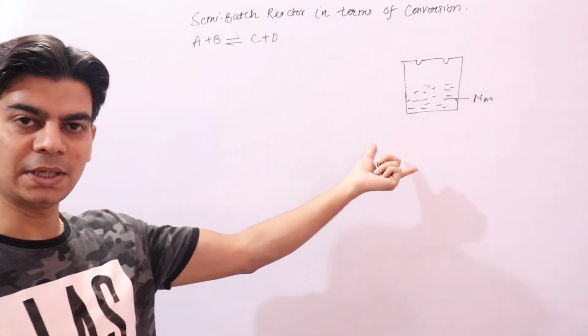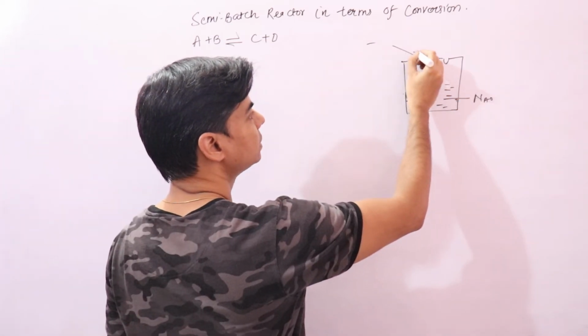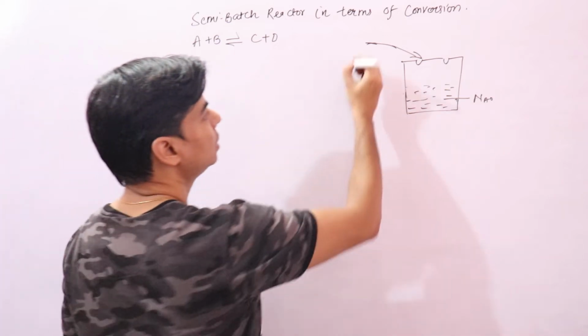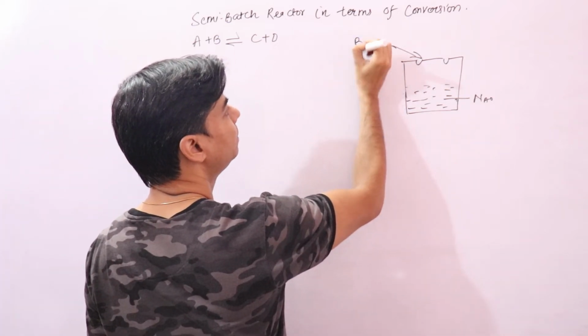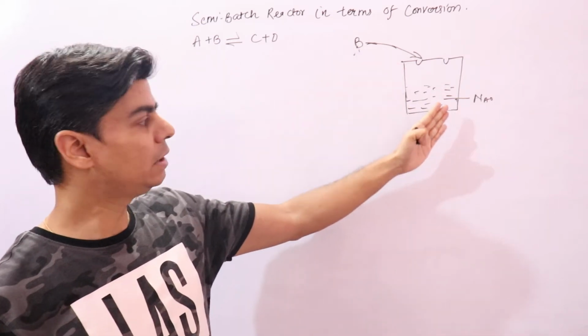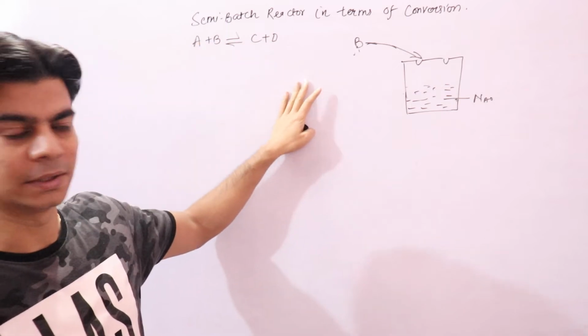This is a semi-batch reactor that already contains A, and to this semi-batch reactor, to carry out this reaction, you are adding reactant B, right? You are adding moles of reactant B into semi-batch reactor, right? This is how the reaction is taking place.